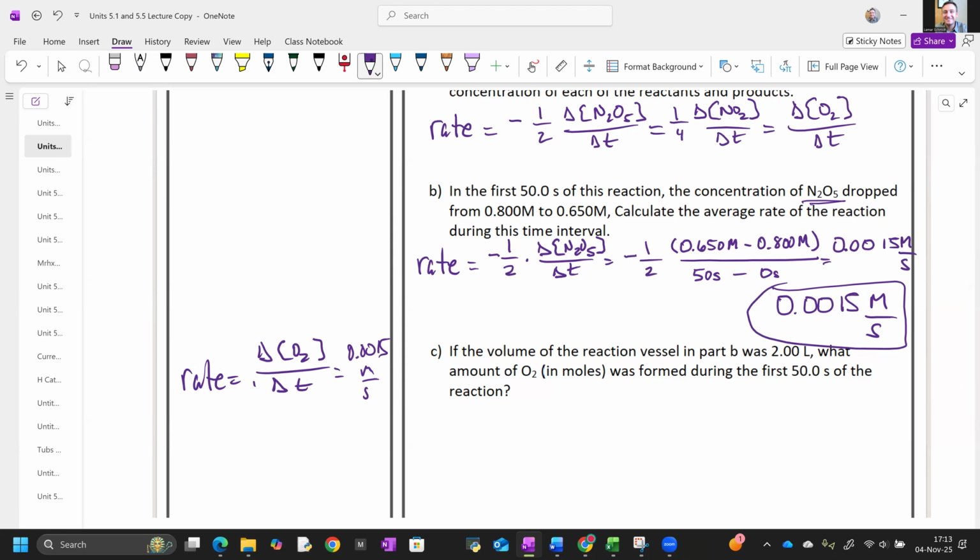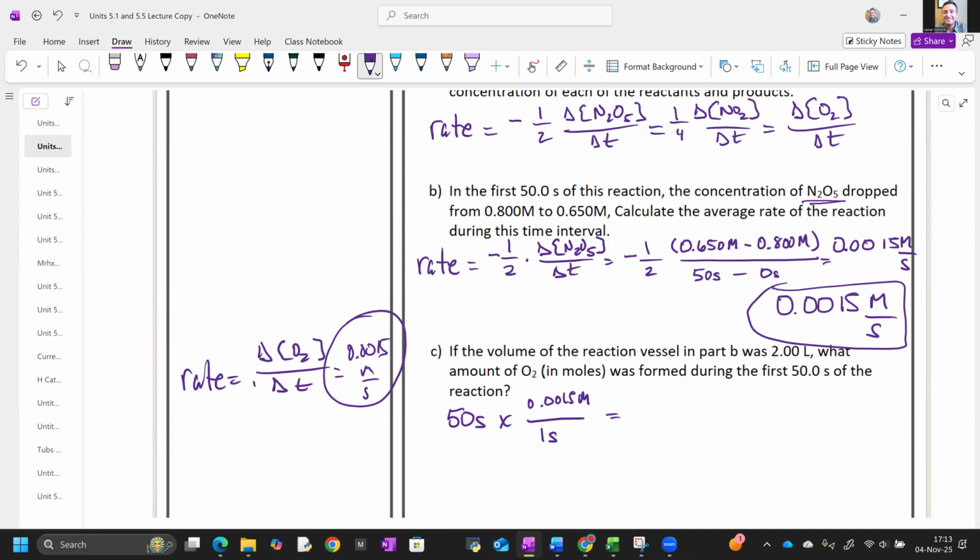We know that there were 50 seconds that took place. So we're going to start with 50 seconds, and we're going to say for every 1 second, there was 0.0015 molar of O2 produced.